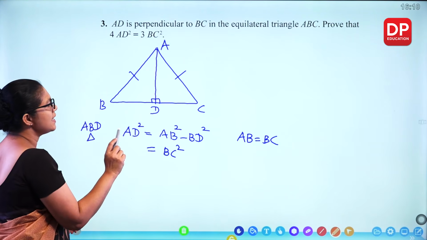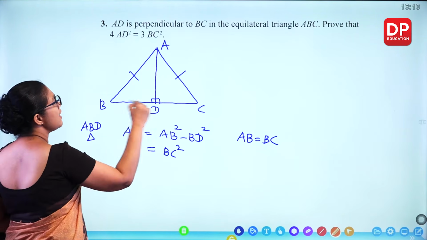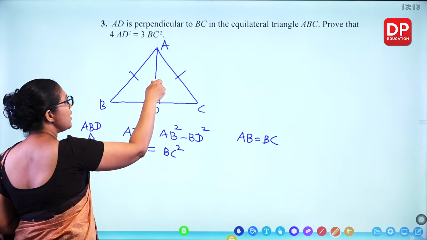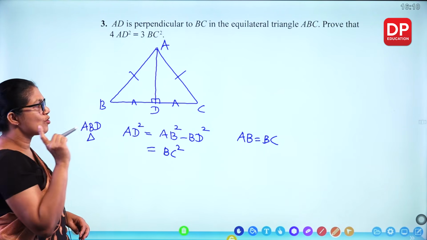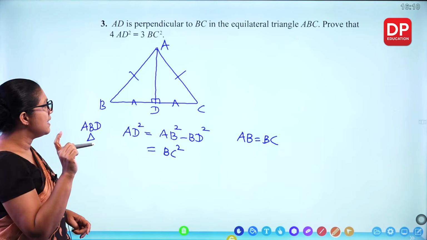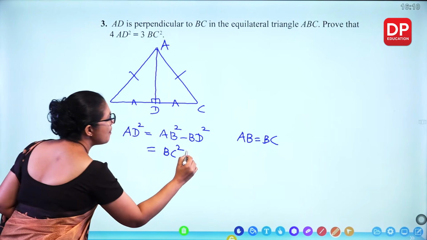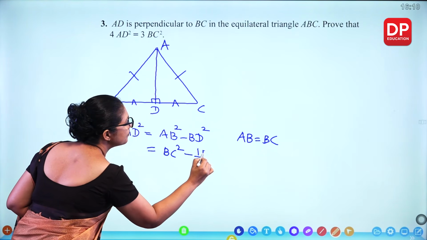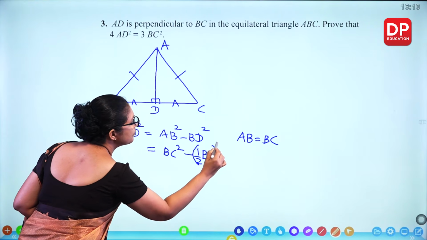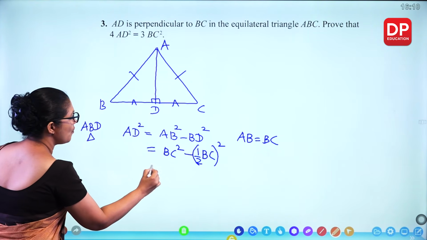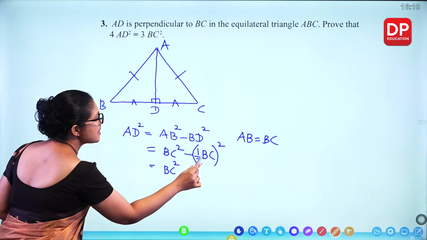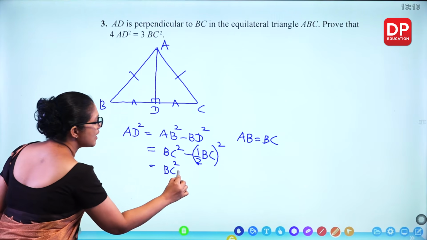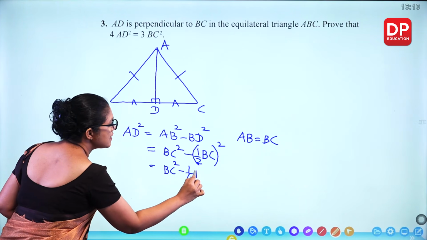What is BD? We know that this is an equilateral triangle. When you draw a perpendicular line, this length is equal to this length. So how can I write BD? Half of BC. Now I'm getting BC squared minus half into half, you get 1/4 BC squared.